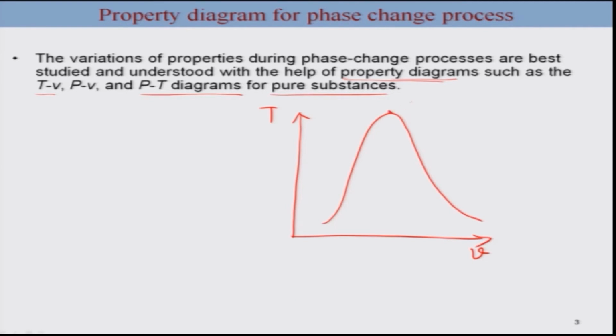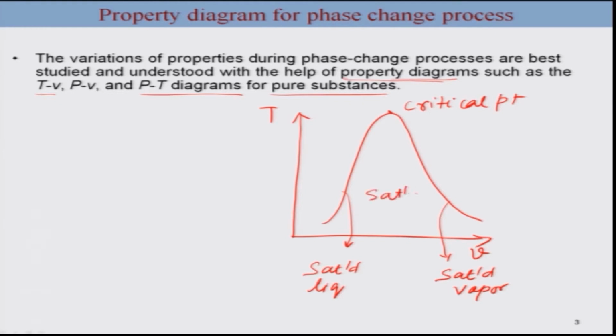This here is a critical point. Now the volume, the lower side one is going to be a saturated liquid. So this line is saturated liquid and this one is going to be a saturated vapor, and the intermediate region is going to be the saturated liquid-vapor region.